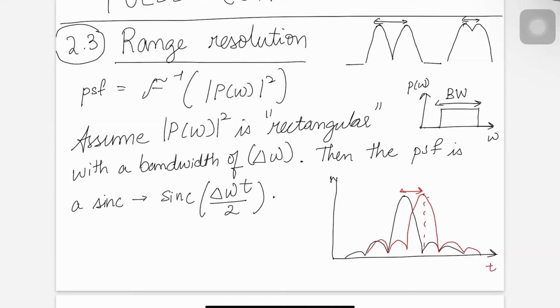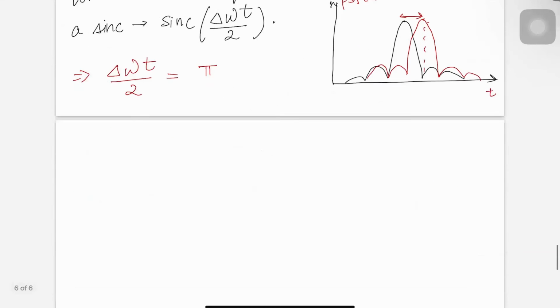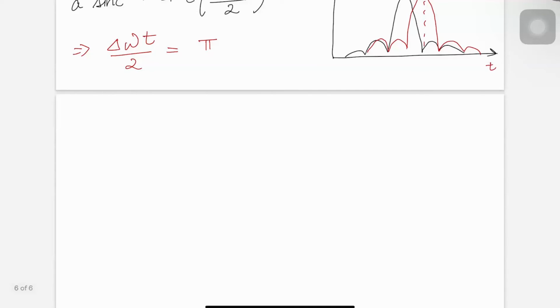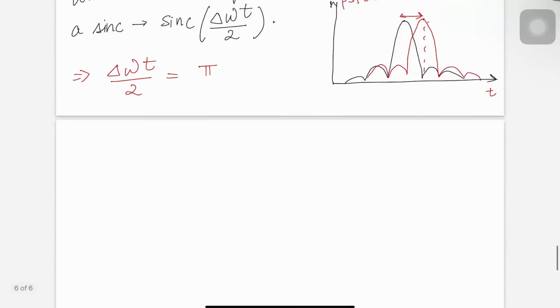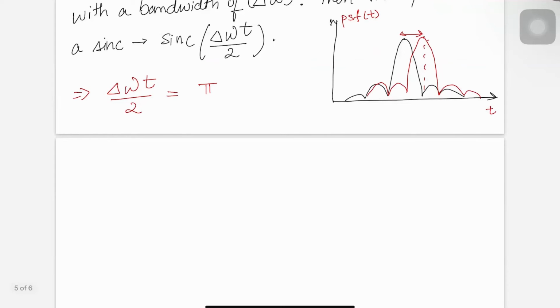So this is in time, and this is, let's say, PSF of t. We know that the sinc function has its first null when the argument is equal to π. So that means that Δω times t over 2 is equal to π. We know that time and the distance to the target are related.